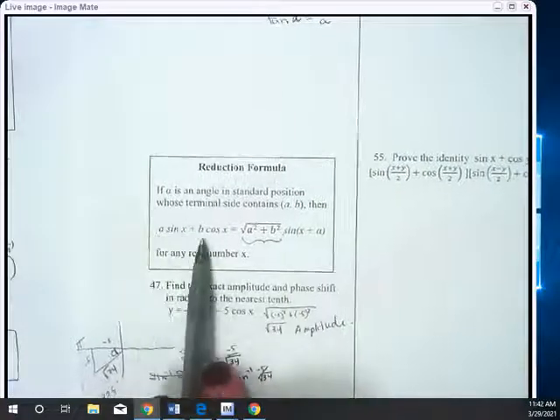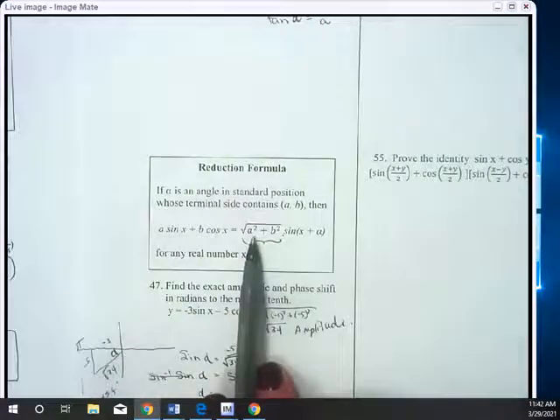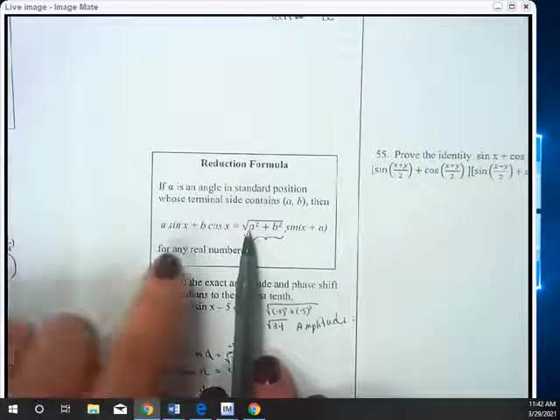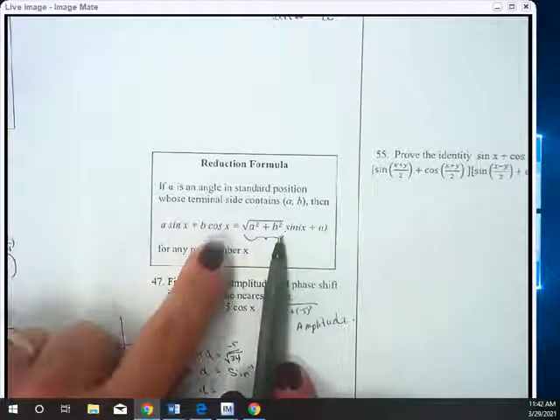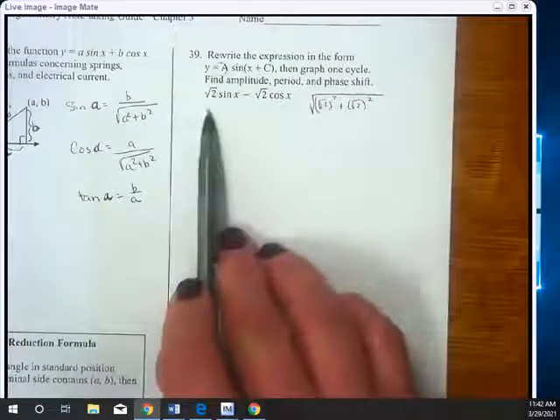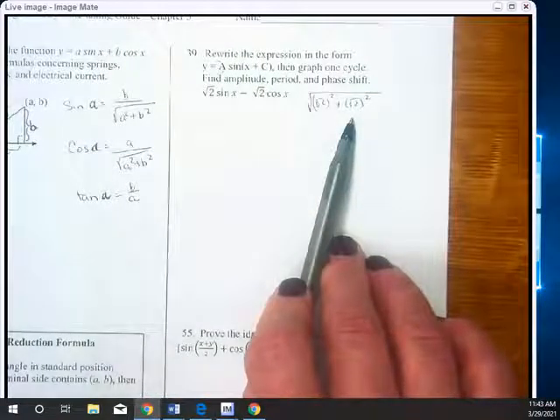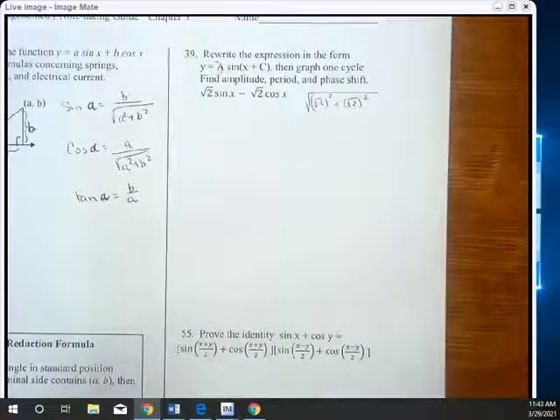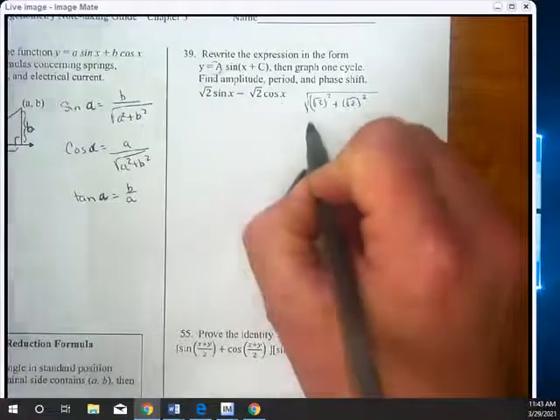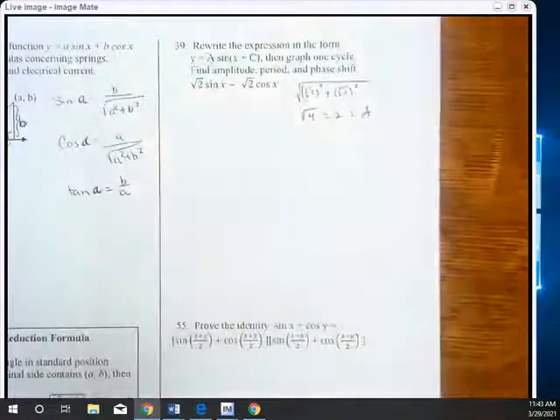Here's A, here's B. So the capital A value for amplitude is the square root of the A squared plus the B squared. Correct? So the square root of radical 2 squared plus radical 2 squared. That's 2 plus 2, 4, and the square root of 4 is 2. So that's the capital A value. That's the amplitude.